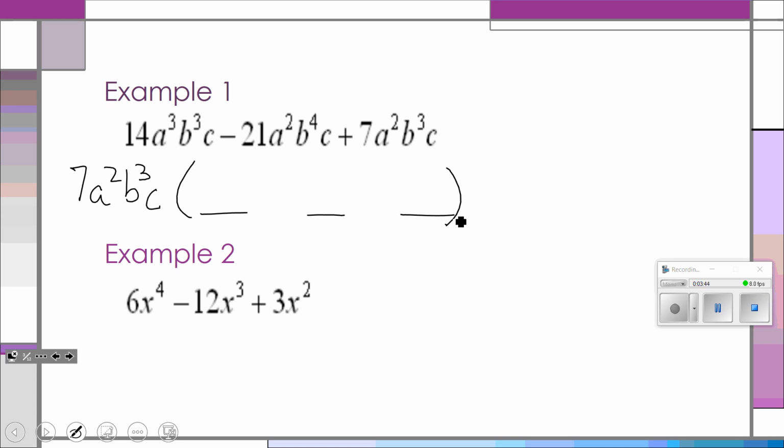So if I divide out a 7a squared b cubed c, what will I have left? 2a. Is that it? Okay. Minus 3b plus 1. Very good. And you got to have that 1. If you don't have that 1, it's not going to work.